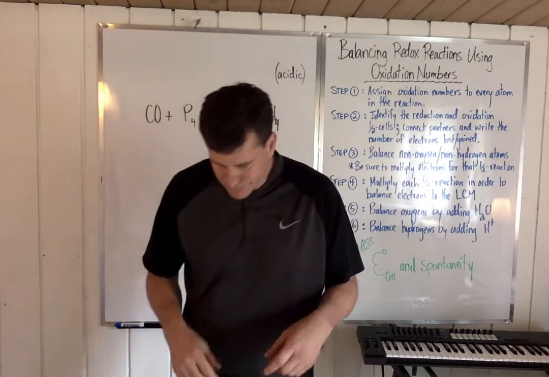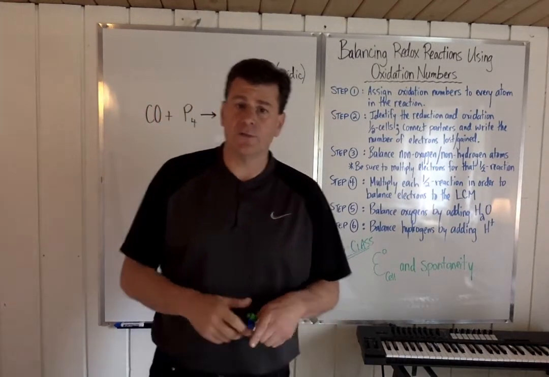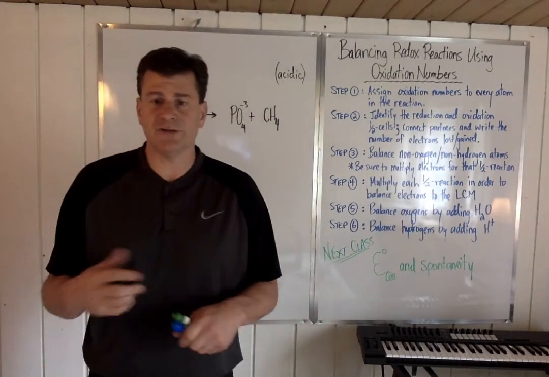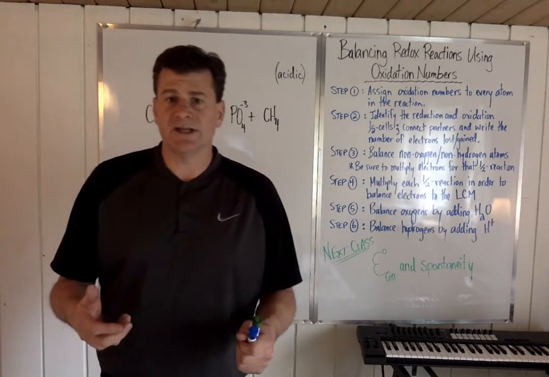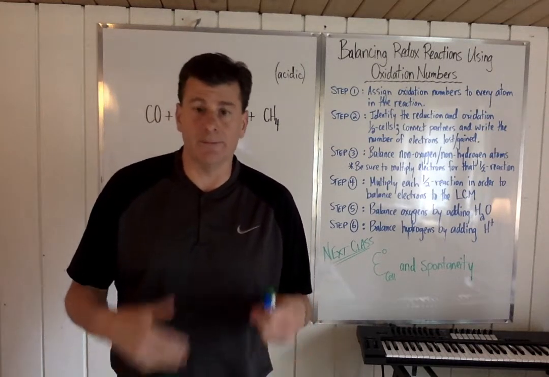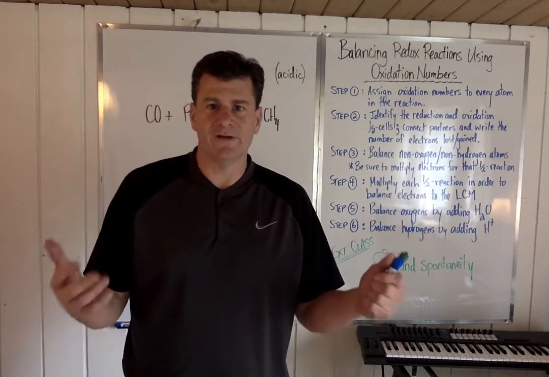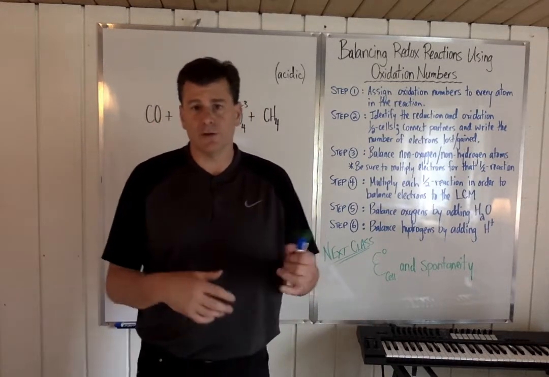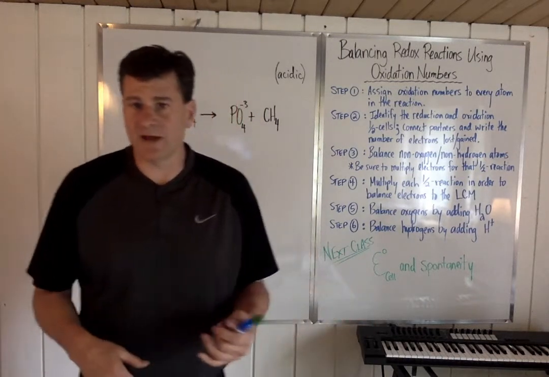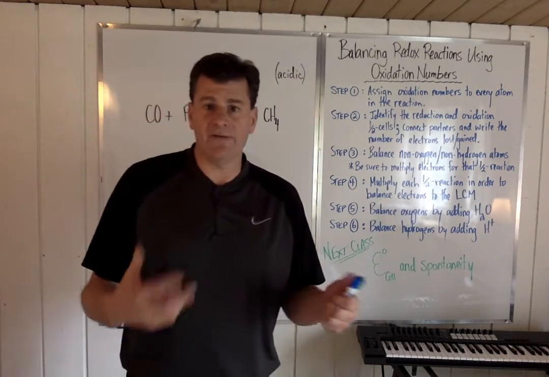As I did in the last class, I wrote down the steps of how you're going to do this technique. Using the oxidation number technique, the first step is going to involve assigning oxidation numbers. The steps are right there for you, so take a snapshot of that, or write it down.